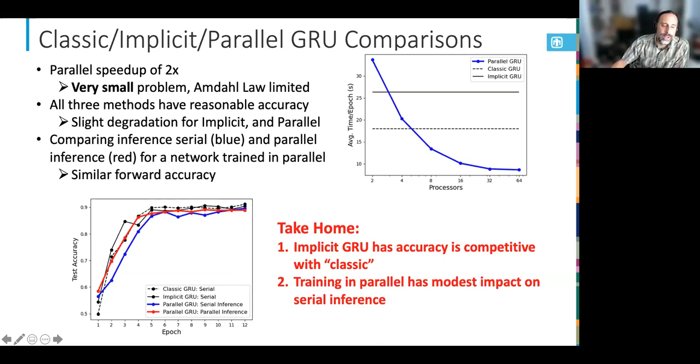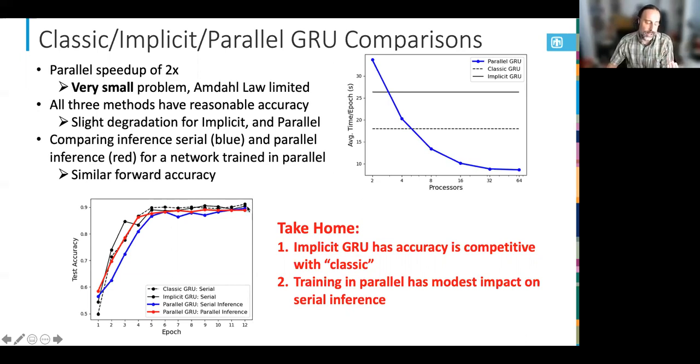The last one is this serial inference. What this is, I take the parallel trained algorithm, take the learned weights and biases, shove it into the serial one, and then do a serial inference. Because the parallel version has all this error in its propagation, while the serial version does not in the inference, one can ask the question, are those giving you the same answer?